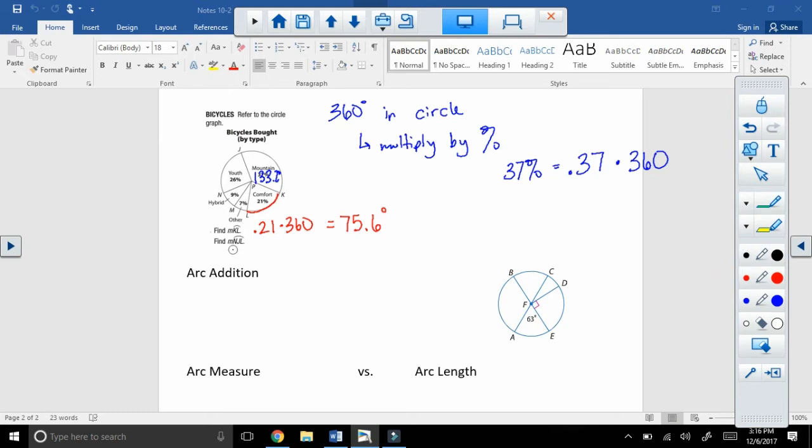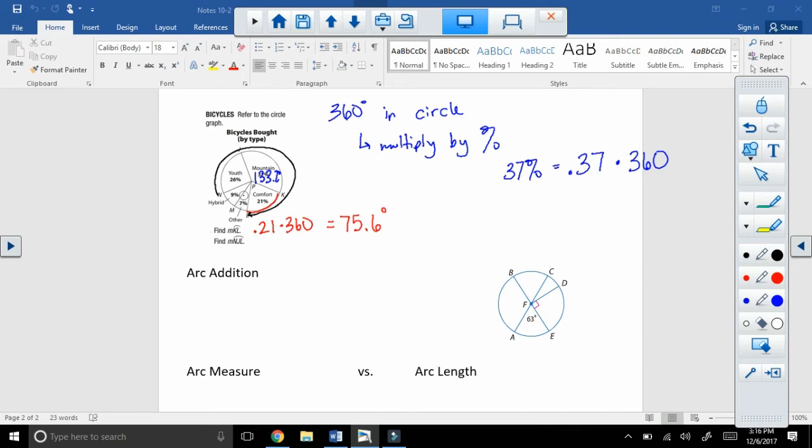For the next one, it asks us about NJL. So starting at N, going through J all the way around to L. Kind of like that last one, you could either add up those three percentages, otherwise you could just take these two, and again, these are not the degrees, these are the percent.